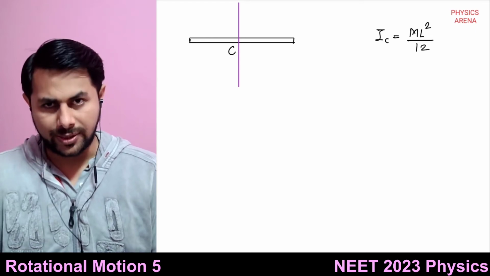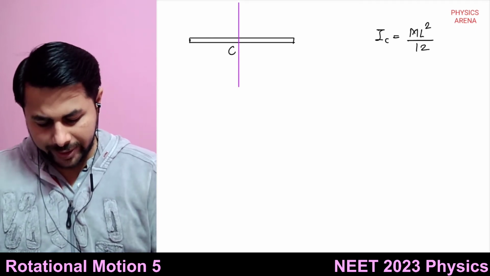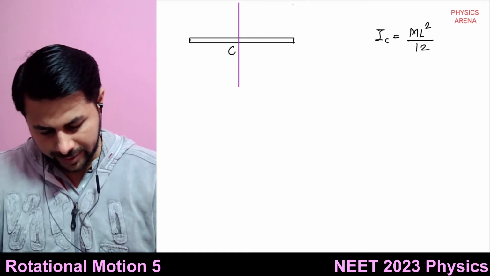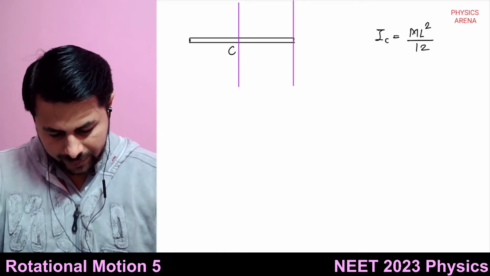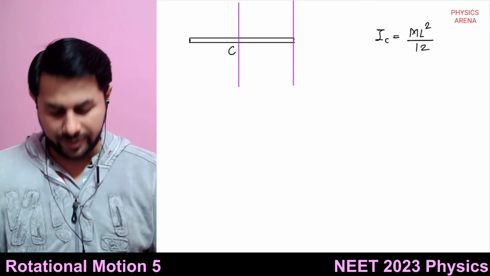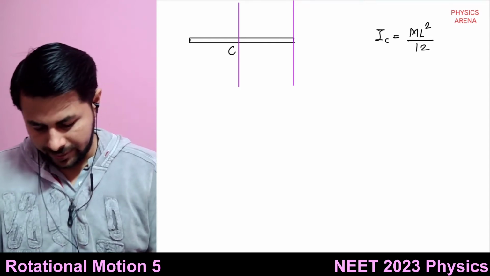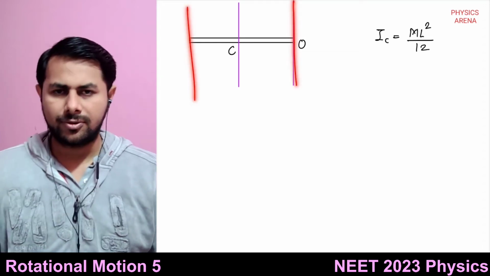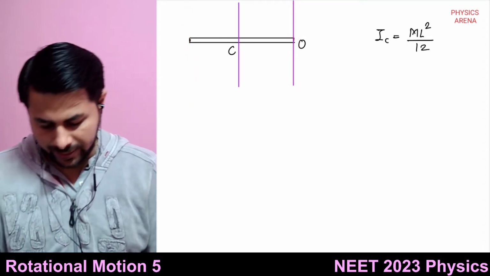We had solved this. Then I want its moment of inertia about this axis which just touches one of its ends, this end or that end.